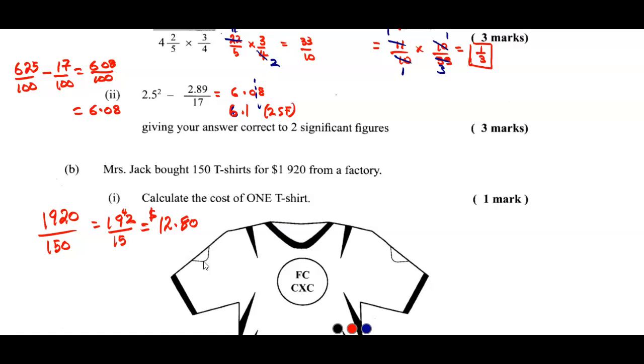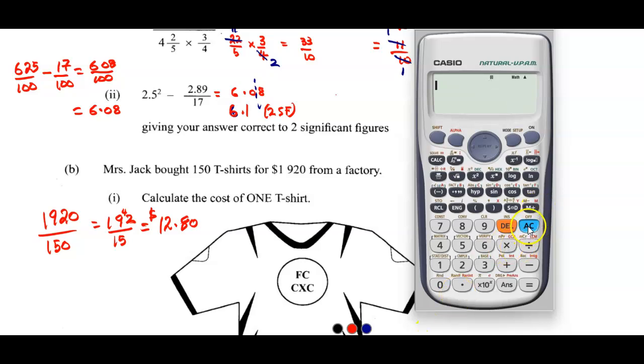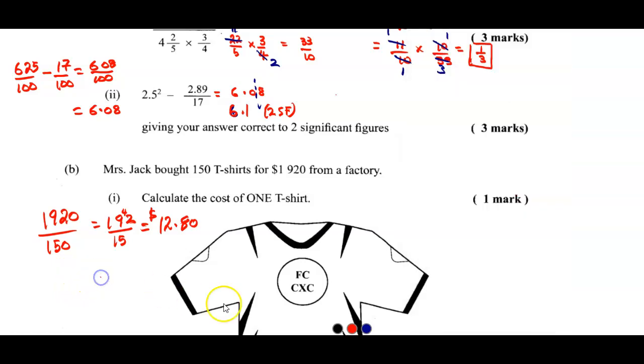Okay, let's use a calculator to check this. So we have 1920 divided by 150. Yeah, $12.80.